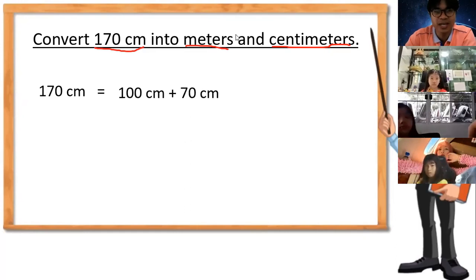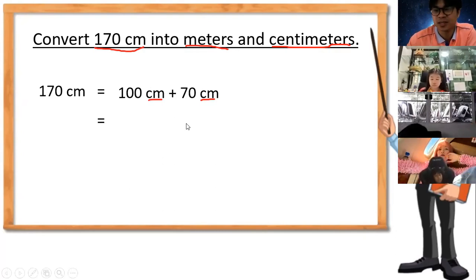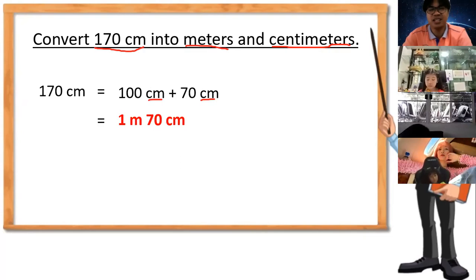So 100 plus 70, because you cannot add if the units are not the same. So 100 centimeters plus 70 centimeters. 100 centimeters equals 1 meter and 70 centimeters.